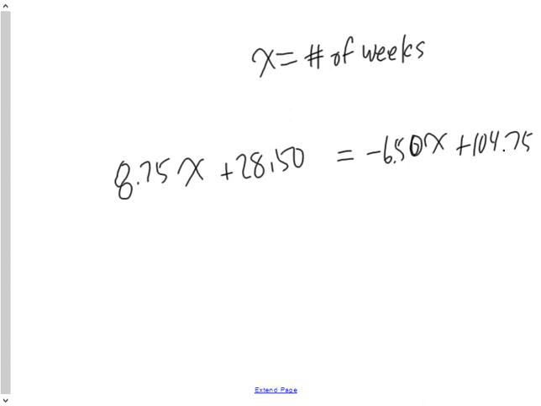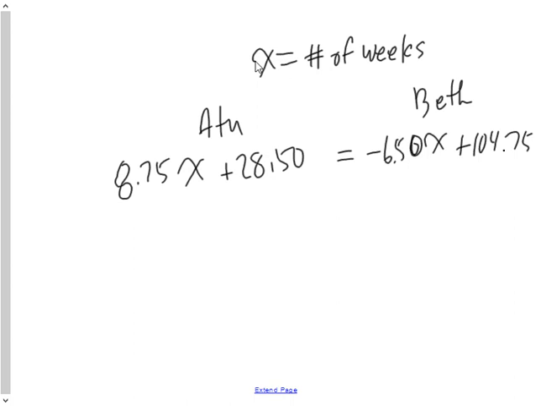So our two expressions would look like this. Atu is over here, who is saving $8.75 a week. And the other one over here is Beth, who is spending $6.50 a week, which would be a negative value.